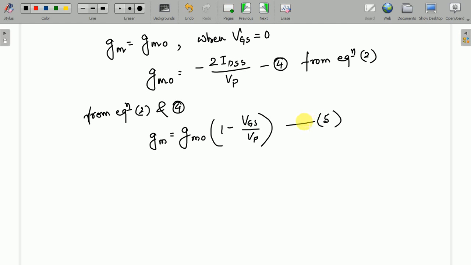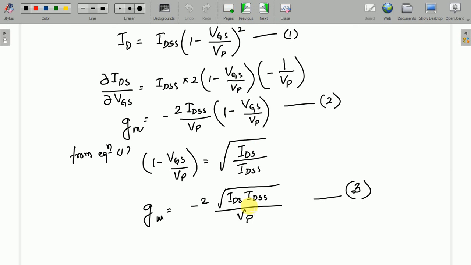Now, if we go back to equation number 3, it shows that GM varies as the square root of the saturation drain current IDS, and is directly proportional to the square root of IDSS also. And equation 5 shows that GM decreases linearly with the increase of VGS.